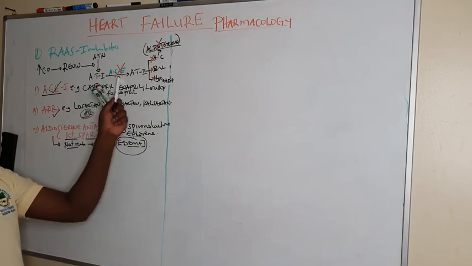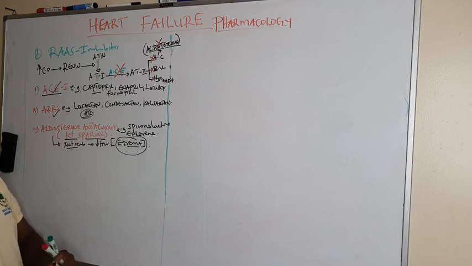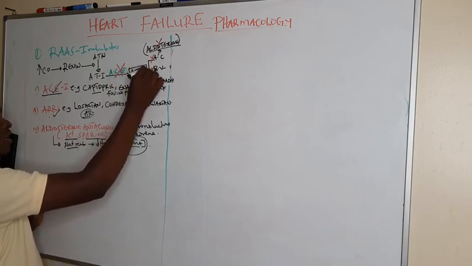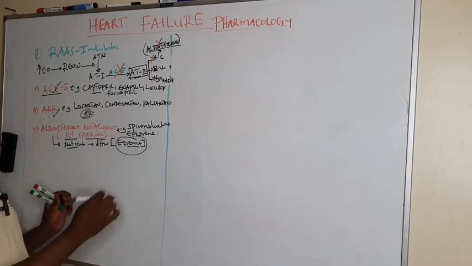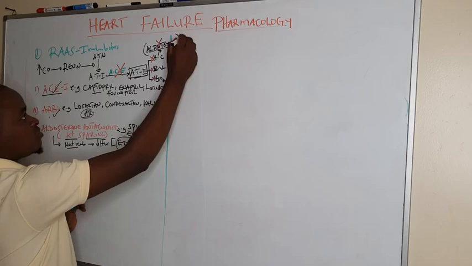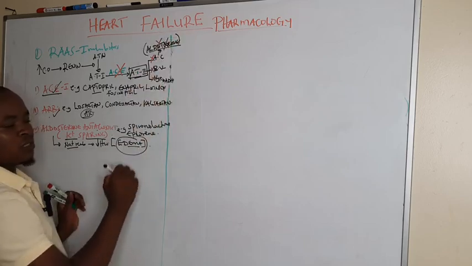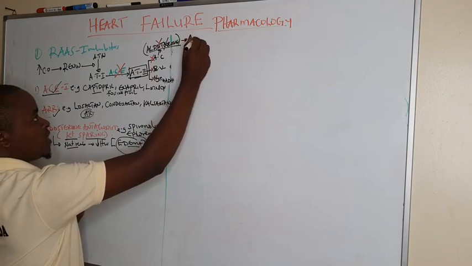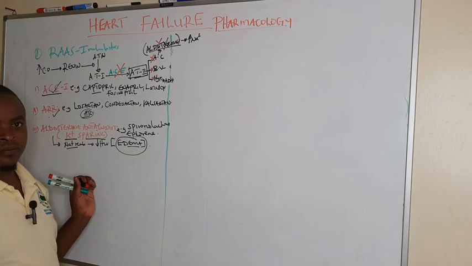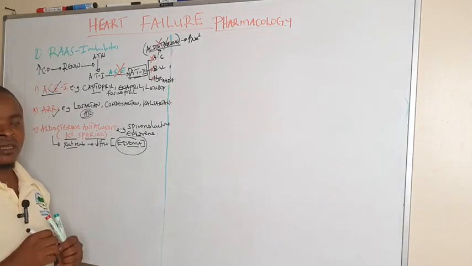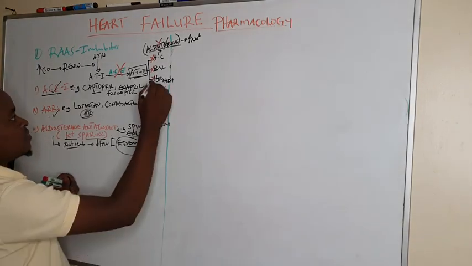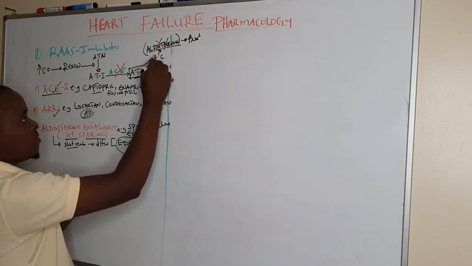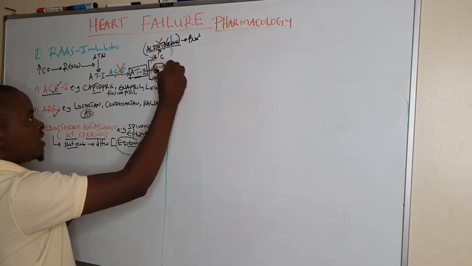If I inhibit formation of angiotensin II, there is not going to be production of aldosterone, which will result in increased sodium and water excretion, hence reducing the blood volume. There will also be no action on the blood vessels, so it will cause vasodilatation.